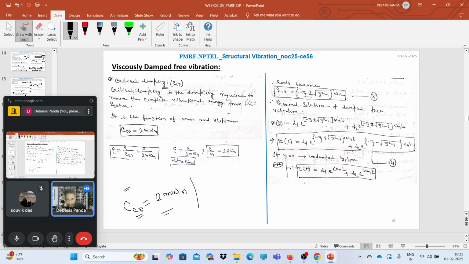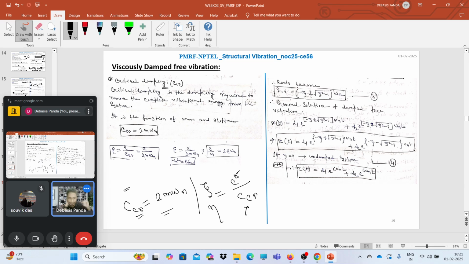Now again we define a ratio, zeta or eta, both represent the damping ratio. It's nothing but C by C critical. That means it's the ratio of the damping present in the system to the damping required to completely remove the vibration energy from the system. It's called the damping ratio.